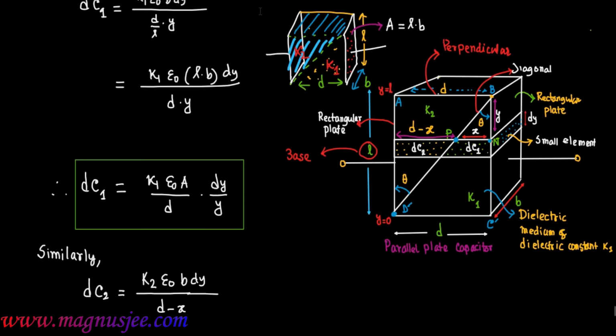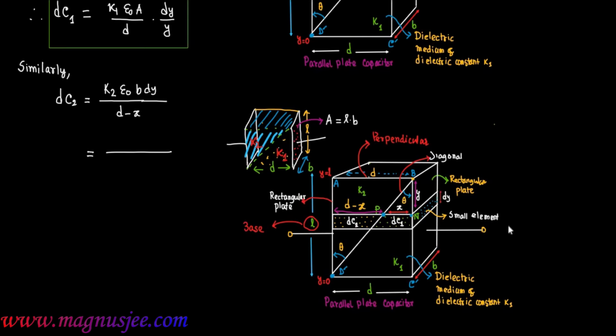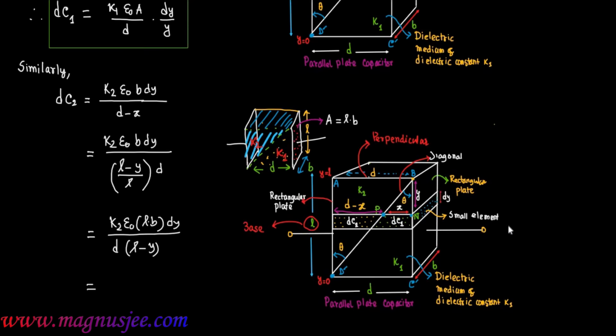Now in place of d minus x, we can put (L minus y) divided by L into d, so dC2 is equal to K2 epsilon 0 b dy divided by (L minus y) by L into d, which is K2 epsilon 0 L dot b dy divided by (L minus y) into small d, equal to K2 epsilon 0 A by d, dy by (L minus y).